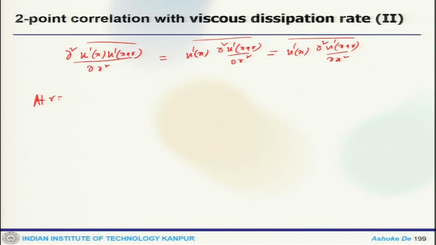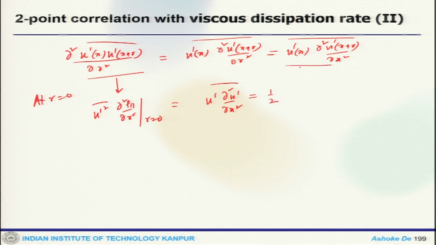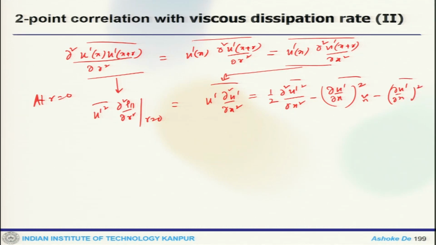Now at r equals 0, this term becomes u prime square times del 2 rho 11 by del r square. So this is u prime del 2 u prime by del x squared, which equals minus del u prime by del x squared, which one can approximate as del u prime by del x squared.